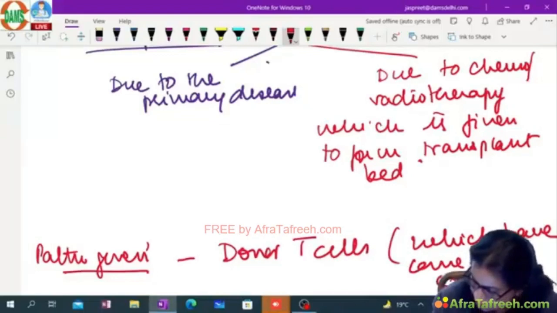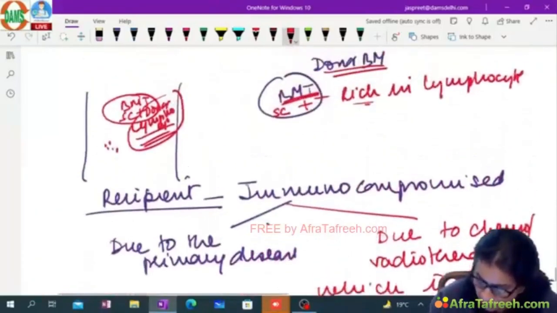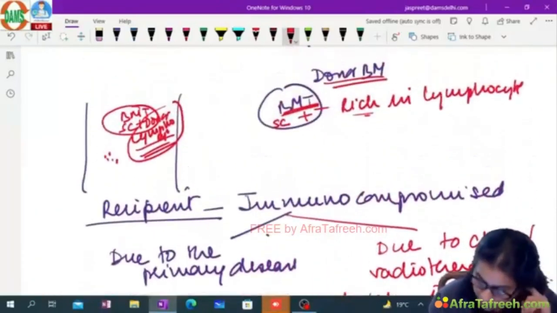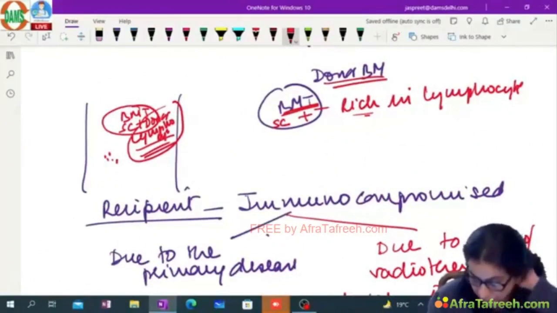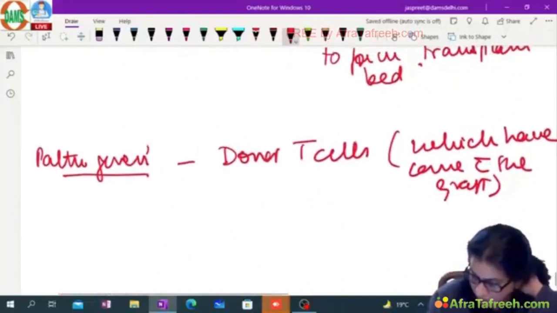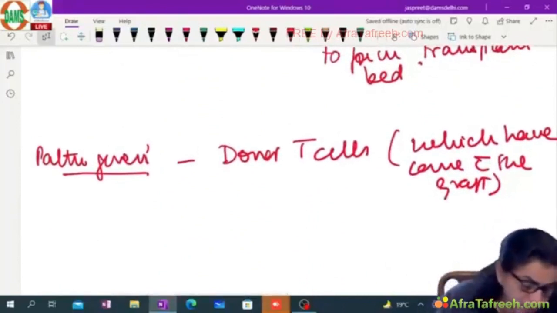So what have come with the donor stem cells? In the donor bone marrow, you have the donor stem cells and you have the donor lymphocytes, T lymphocytes. So the donor T cells which have come with the graft, what are they going to do?